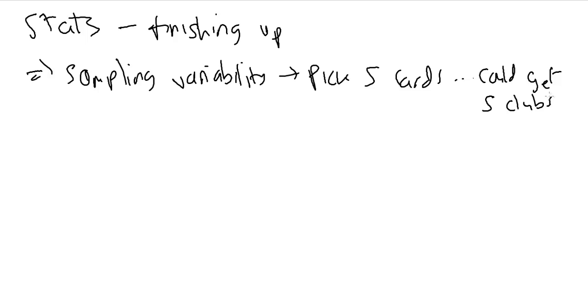So to pick 5 clubs is a quarter times a quarter times a quarter times a quarter times a quarter. So 1/16th, 1/64th, 1/256th. So basically 1 in 1,000. Though of course it can happen. Like, you can win the lotto. It's just very unlikely.